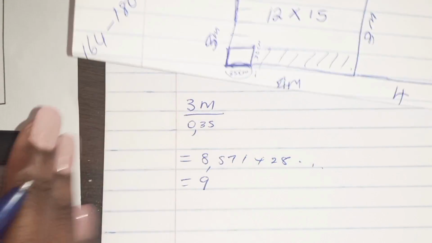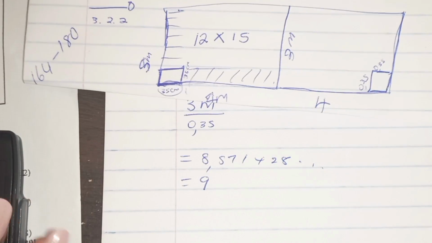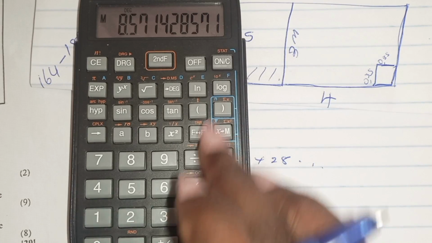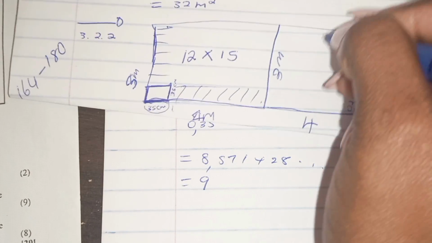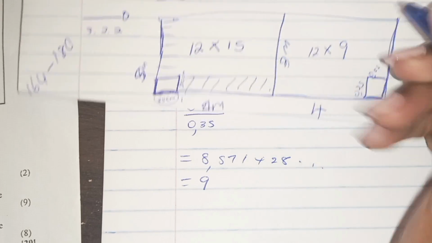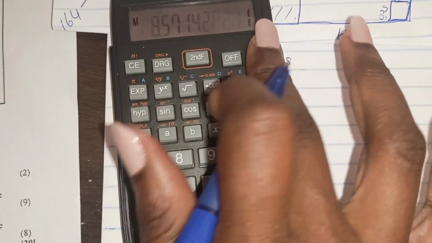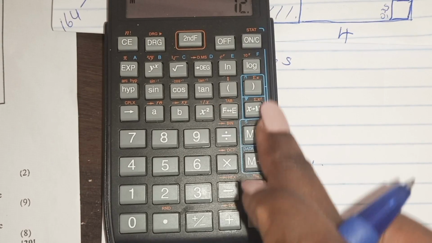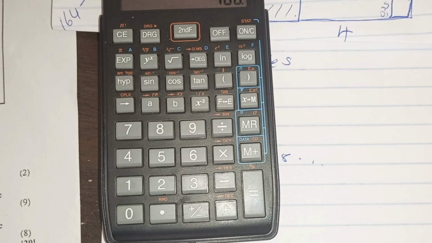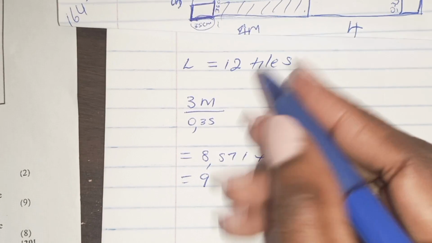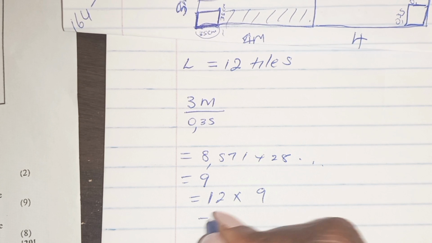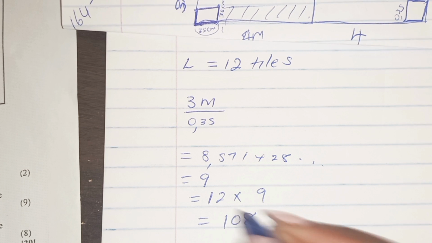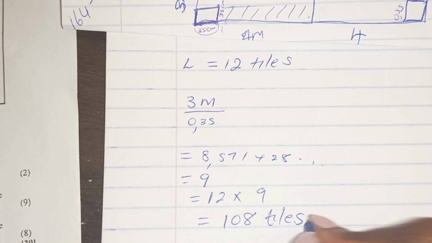Then I'm going to say that's 12 times 9, and I'm going to get 108 tiles in that room. So this room is 12 times 9, which is equal to 108 tiles.